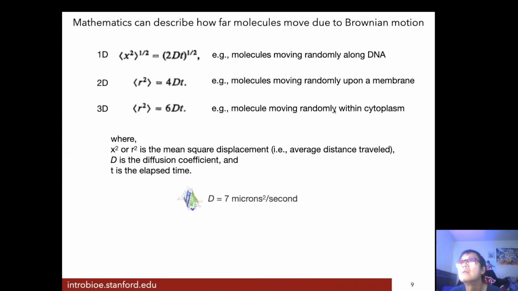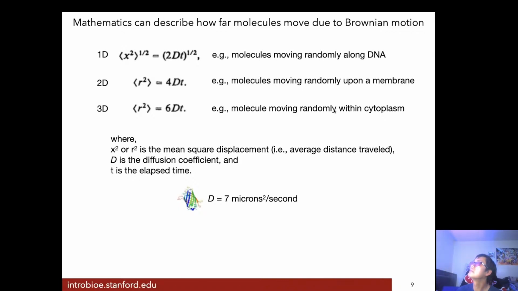Let's do an example. Remember green fluorescent protein. It's a protein a couple nanometers across, and it's going to exist in cytoplasm if we have the DNA encoding that protein in the cell and it gets expressed. We can look up the apparent diffusion coefficient, the value of D for this protein in typical bacterial cytoplasm in this case.